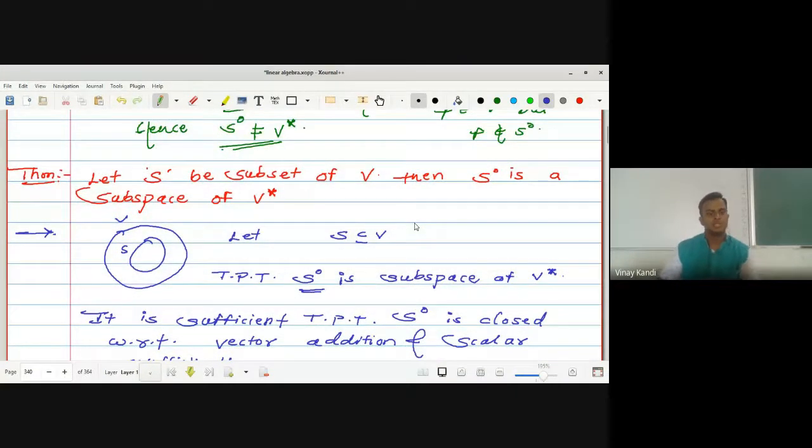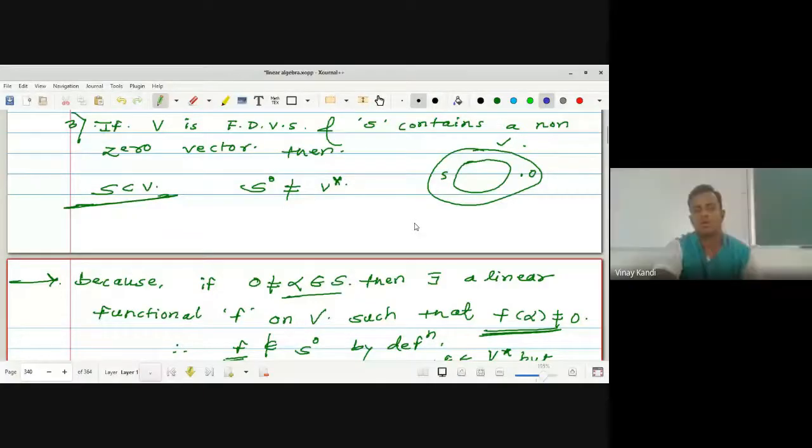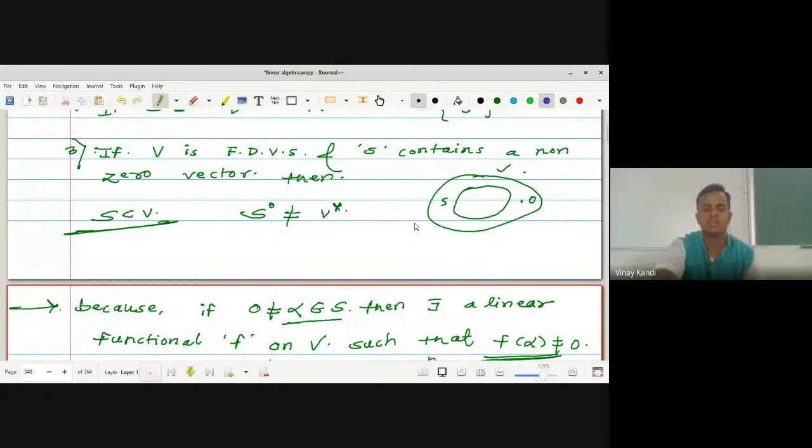Okay, so what is the statement here? Let S be any subset of V, then annihilator of S is a subspace of V star.